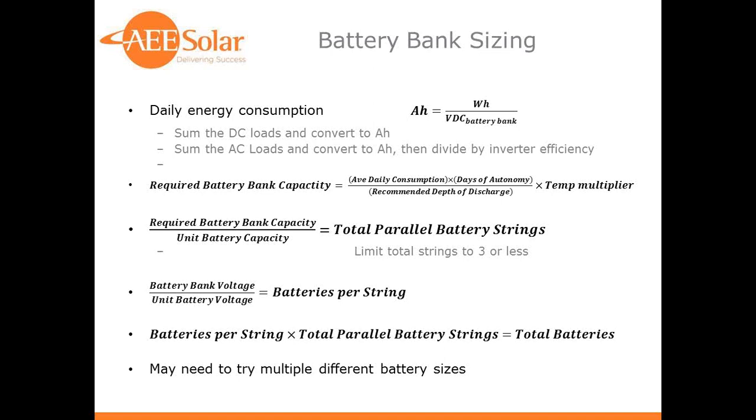So then we look at the batteries per string times the total parallel strings, and that gives us our total batteries. So for instance, if we were looking at a 700 amp hour battery bank at 48 volts using an L16 battery, which is roughly rated at 6 volts and 350 amp hours, that would be 2 strings of 8 for a total of 16 L16 batteries.